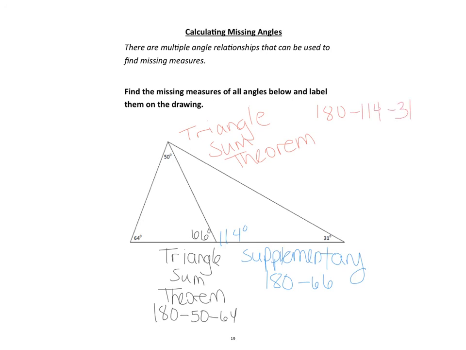And the reason we keep using this 180 for the Triangle Sum Theorem is because it states that all angles inside of a triangle will total 180 degrees. If we didn't want to use the smaller right triangle, we could just use the big triangle as a whole, which means we have 180 degrees minus the 64 for the bottom left, minus the 31 for the bottom right, minus the 50 for part of the top angle. And no matter which way we do, we end up with 35 degrees as the final angle in this picture.